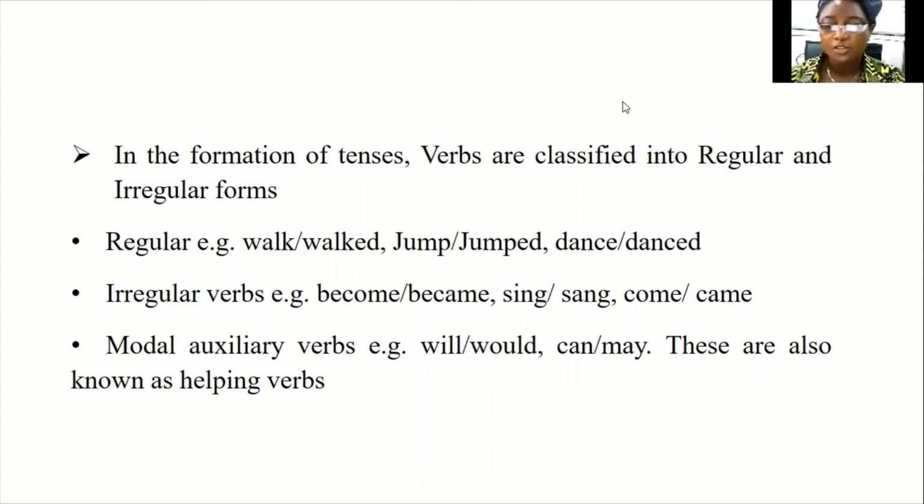Jump, jumped. Dance, danced. You see that all you need to do is to add ed to the stem of the verb, and you have formed the past tense. In the irregular form, you have verbs like become, sing, come. Become, became. Sing, sang. Come, came. You can see that the tense form is irregular in nature.